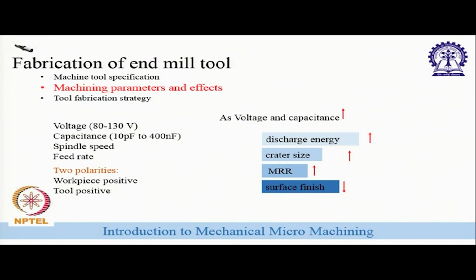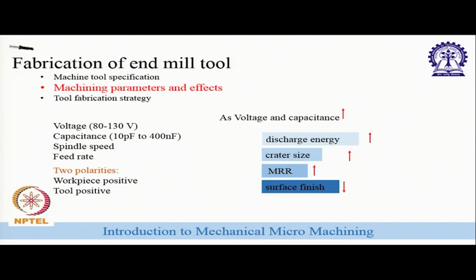Okay. So what are the machining parameters here? One is voltage, and in our machine tool the range is from 80 to 130 volt. Next is capacitance. This is an RC pulse supply, so the main things we will be varying here are voltage and capacitance.